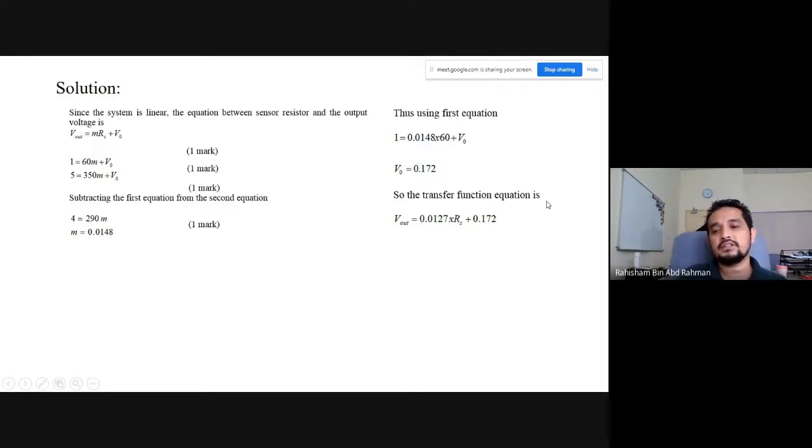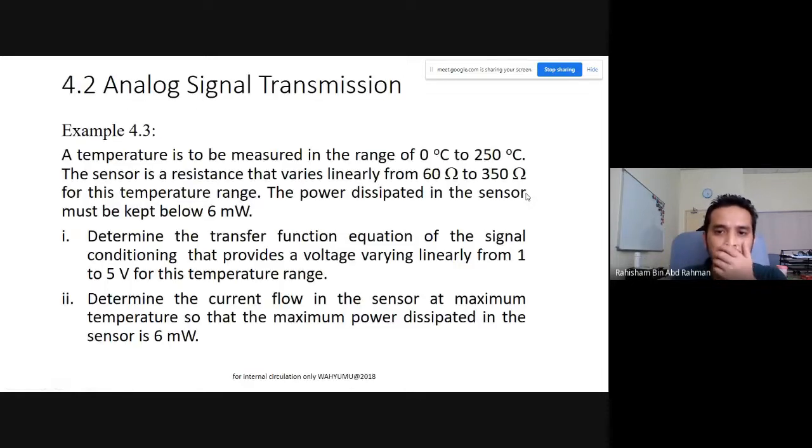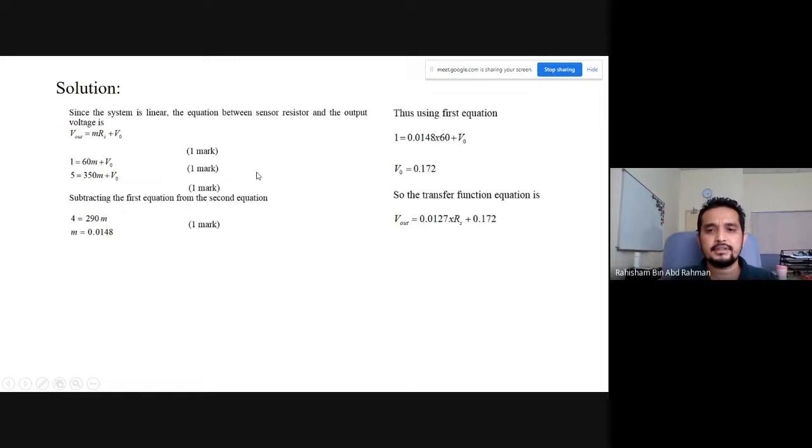So the transfer function for this will be V out equal to M, this M, 0.148 times RS plus V0. V0 is 0.172. So this is your transfer function for these conditions. This is the one.